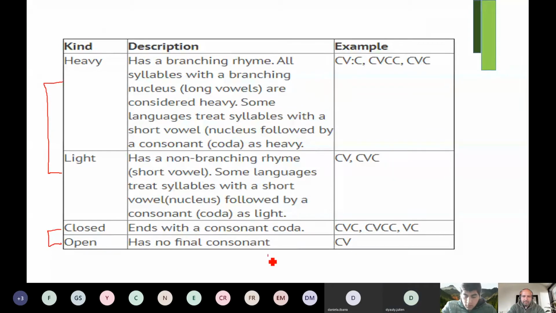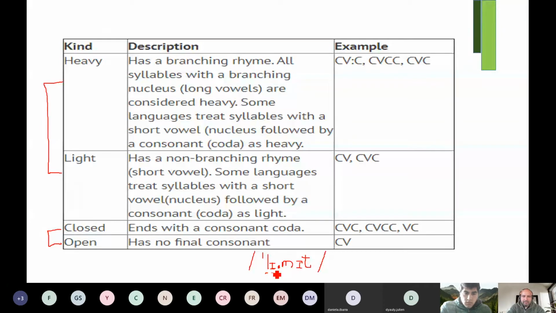For example, the word limit is composed of two syllables. The first one, li, has no coda. We have the onset and the nucleus and no coda. So this syllable, li, would be called an open syllable.